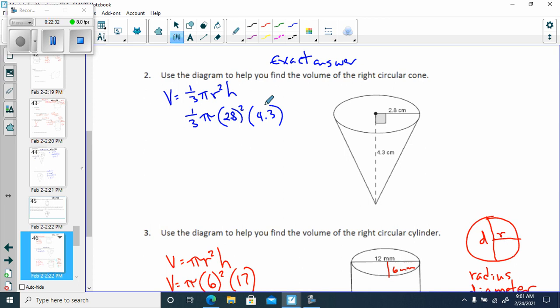I'm going to multiply the numbers together first and then divide by 3. 2.8 squared times 4.3 equals, and then I'm going to divide that by 3, and I get 11.2. Okay, my volume would be equal to 11.2, what was that, cubic centimeters.